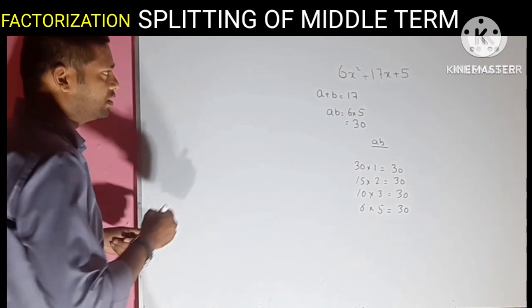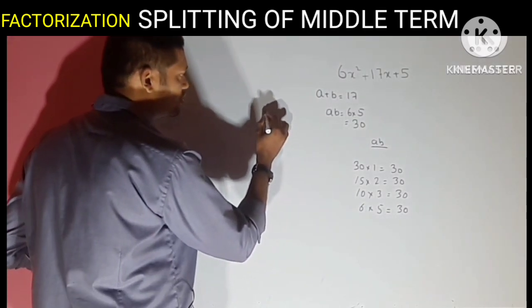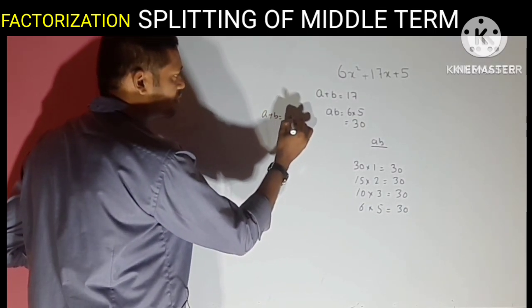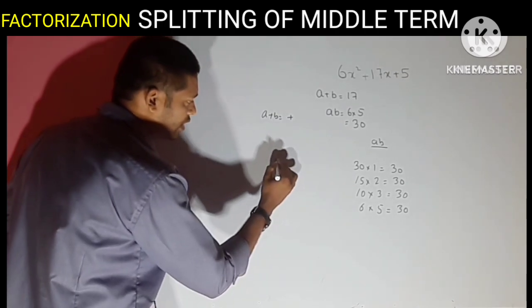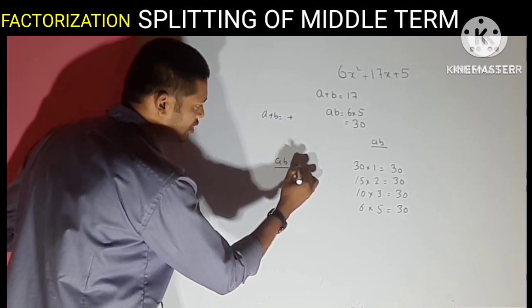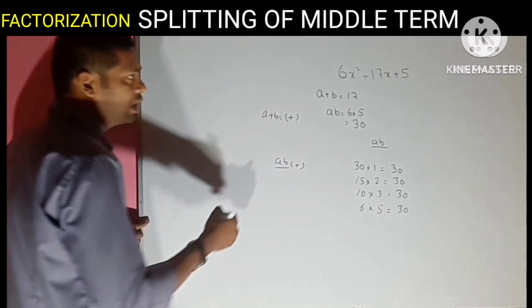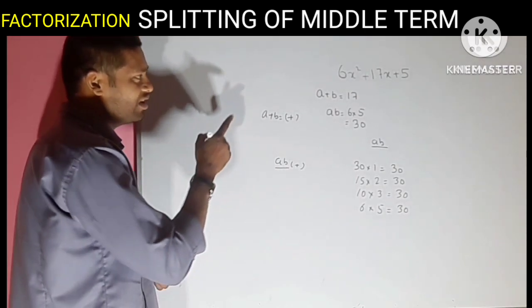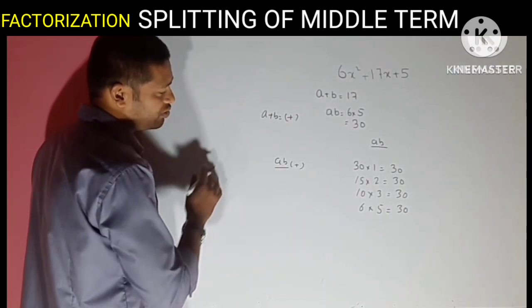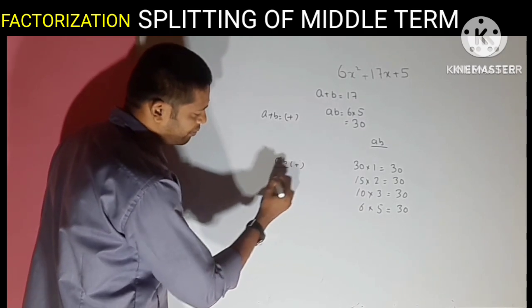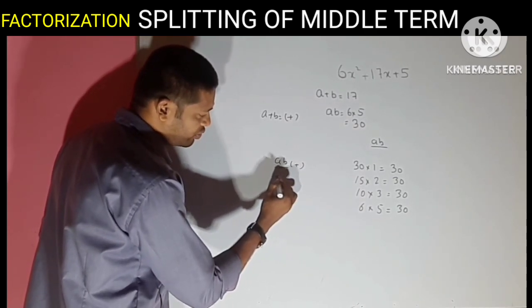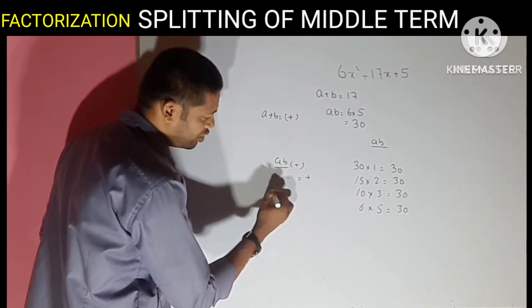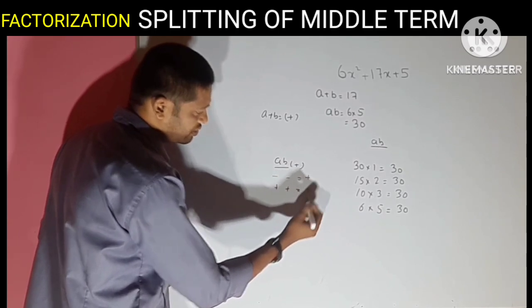A plus B has a positive sign, and AB also has a positive sign. So now A plus B is positive and AB is also positive. When the product has a positive sign, either minus minus gives plus, or plus plus gives plus.